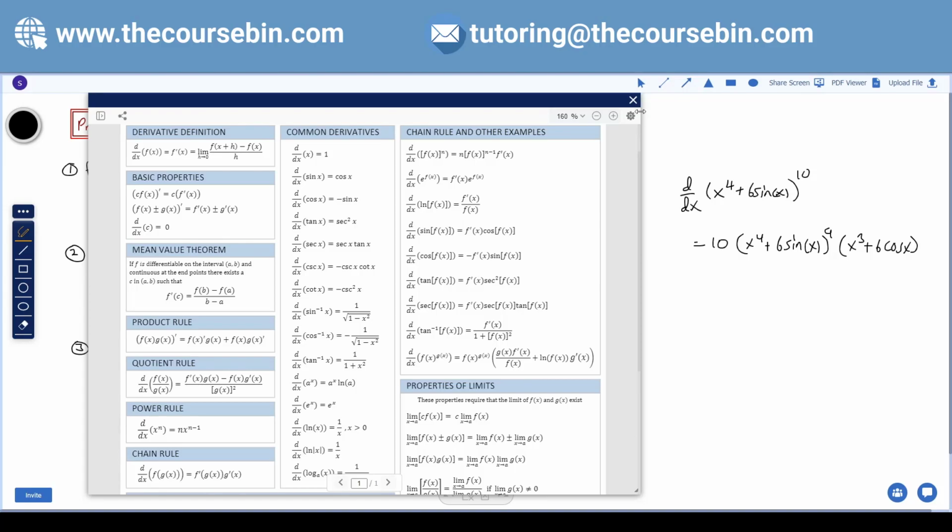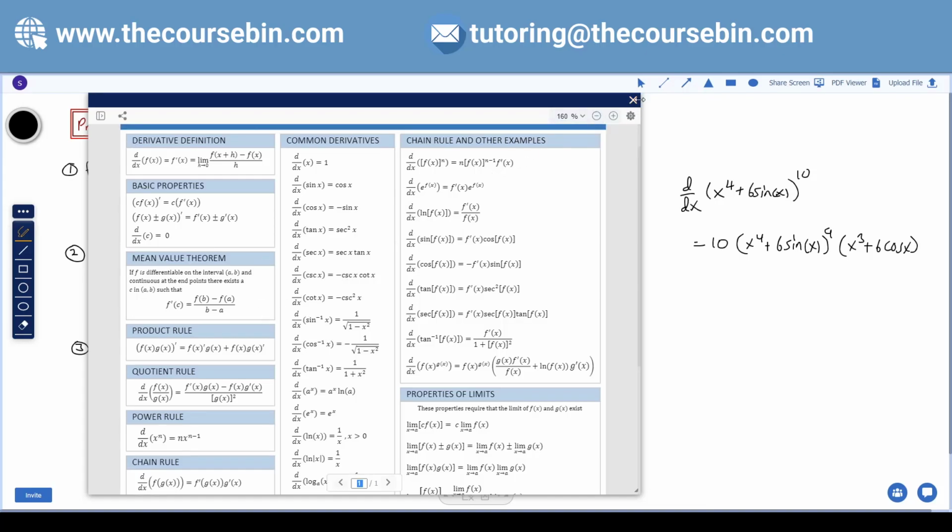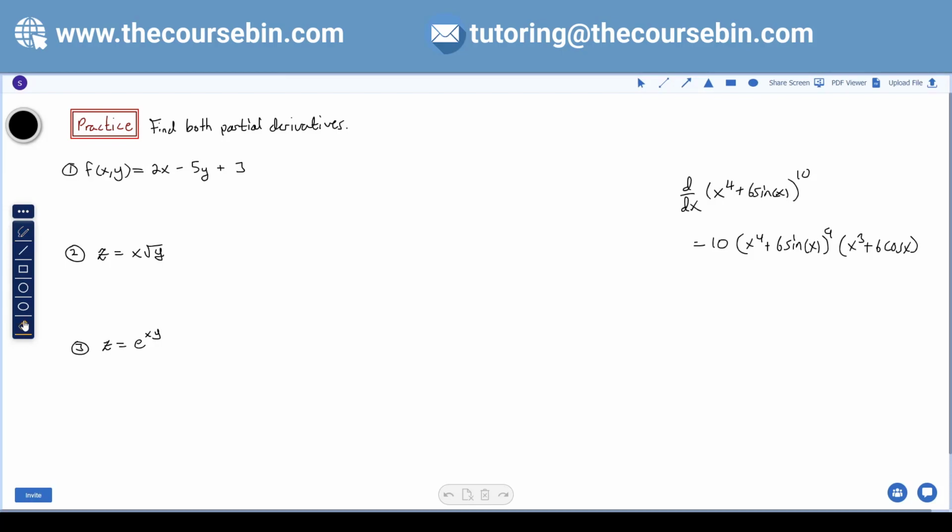Okay, so I'll put this one in the Google Drive, and you can use that to help guide you when you're doing derivatives.